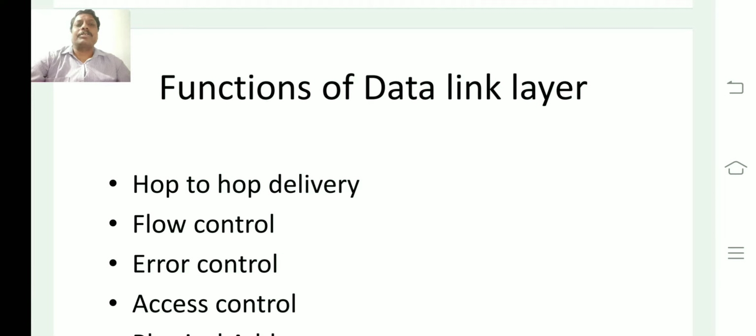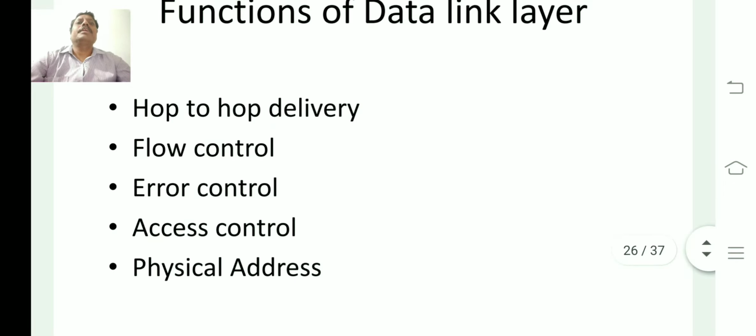And access control: if it is a shared transmission medium, more than one node can send data, and that access can be controlled by the data link layer. Then physical addressing: the data link layer adds the physical address of the source device and also of the destination device, a physical address of 48 bits.